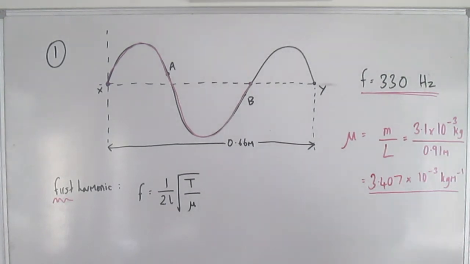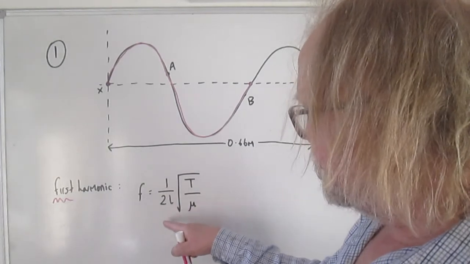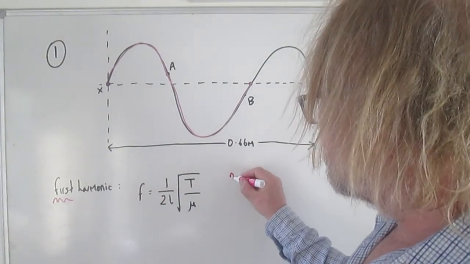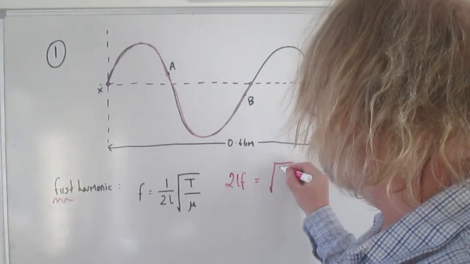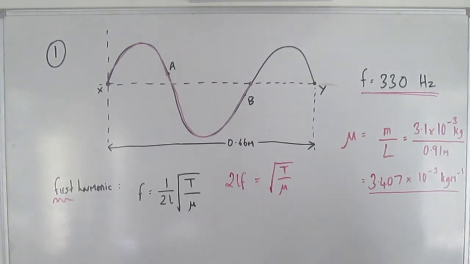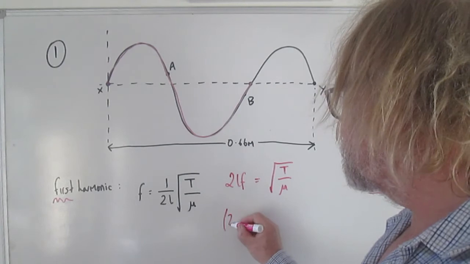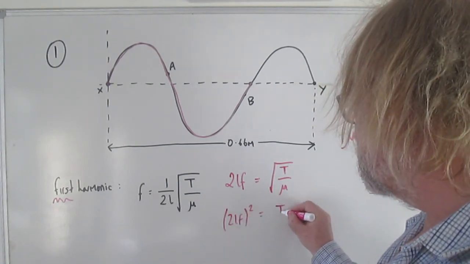So let's then rearrange that expression. First of all we can move the 2L over to the other side, so we get 2L times f is equal to root T over mu. We're trying to solve for T, so we need to get rid of the square root, so we're going to square both sides. We get (2Lf)² = T over mu.